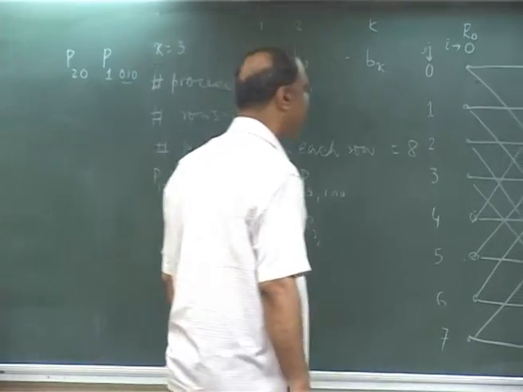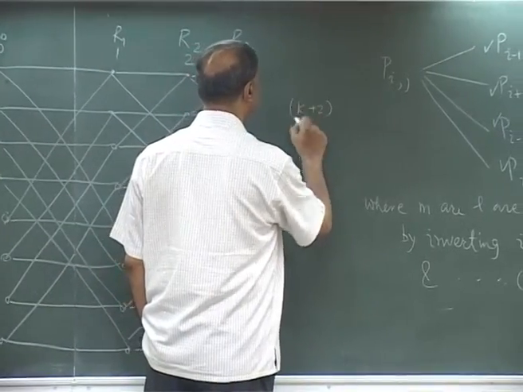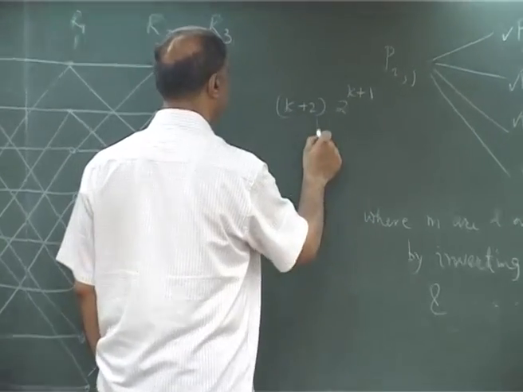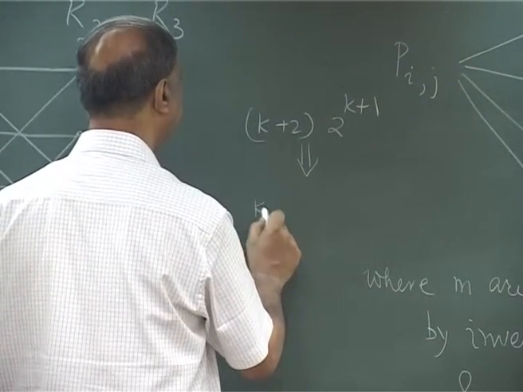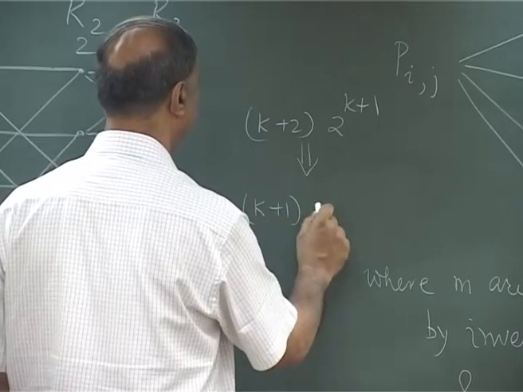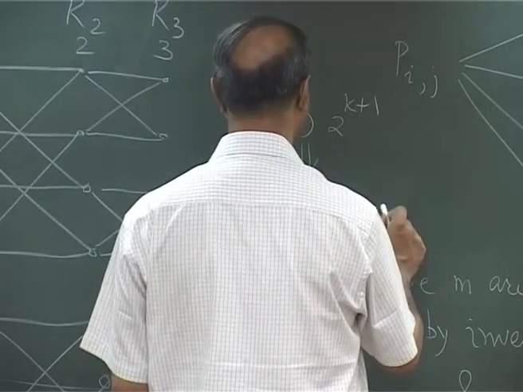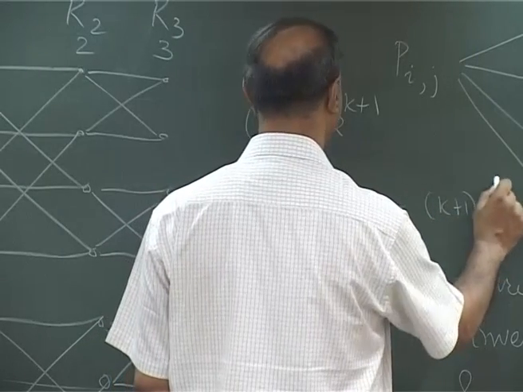So suppose you are given 2 to the power k plus 1 number of processors, and you first obtain a k plus 1, 2 to the power k cluster, and the other cluster is also k plus 1, 2 to the power k.